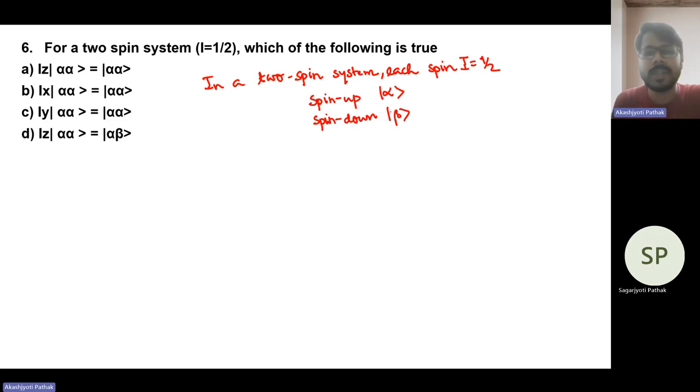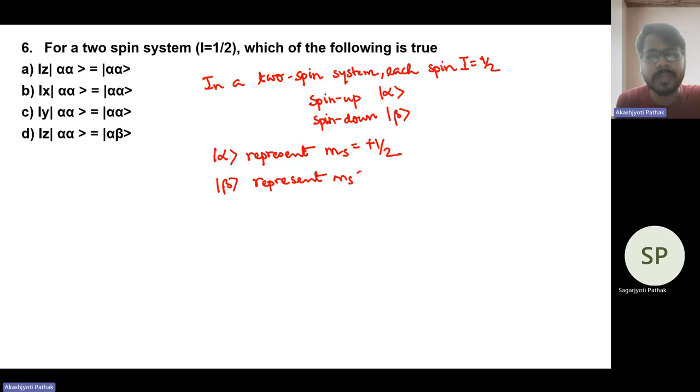The spin up state, the alpha state, has a spin magnetic quantum number of plus half, and the spin down state, or the beta state, has ms equal to minus half.